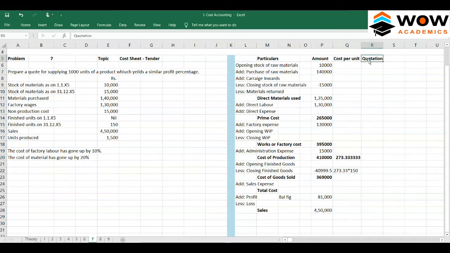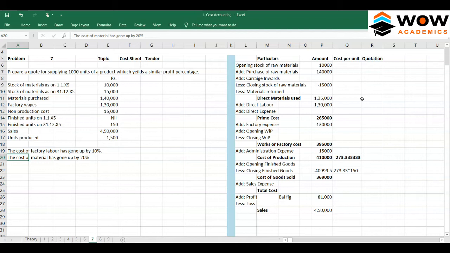For the quotation, we have certain expenses. We want to produce 1,000 units, and we want a similar profit percentage, so our profit percentage has to be the same. But certain costs have gone up: the cost of factory labor has gone up by 10%, and material cost has gone up by 20%. So how would we do this problem now? That is the crux here.